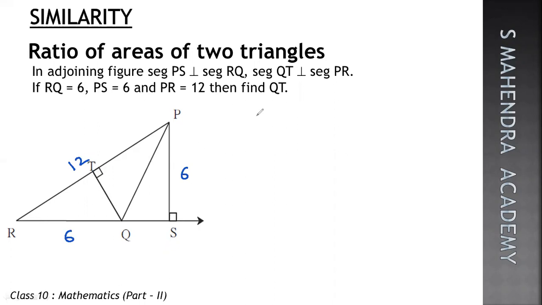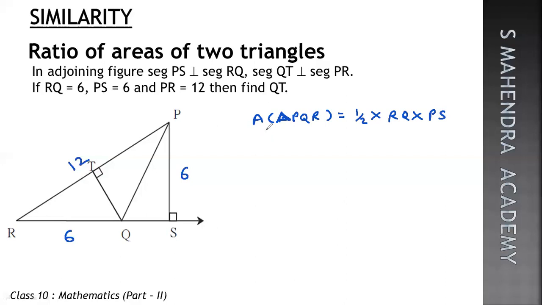So the area of triangle PQR will be 1/2 into base. The base of PQR is RQ and the height will be PS.